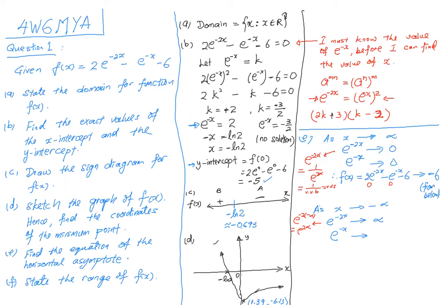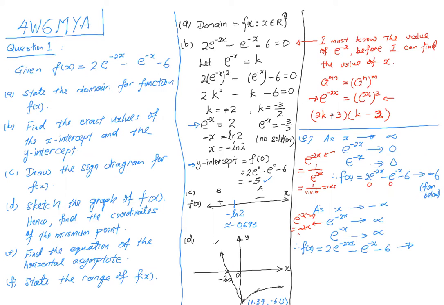Approaches infinity. Okay. So therefore, my fx is 2 times infinity, take away 1 infinity, take away 6. So it will approach what? 1 infinity, take 1 infinity, then minus 6.